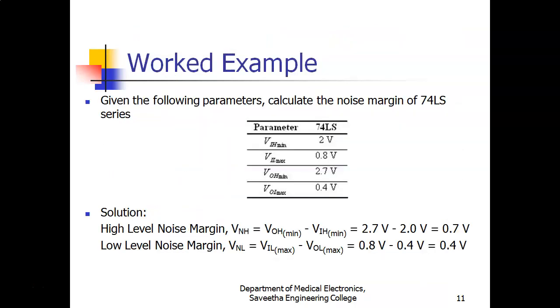So see an example with the 74LS series, which was already mentioned, for an AND gate. Substituting those values in the high level noise margin and low level noise margin gives a value of 0.7 for high level noise and 0.4 for low level noise.